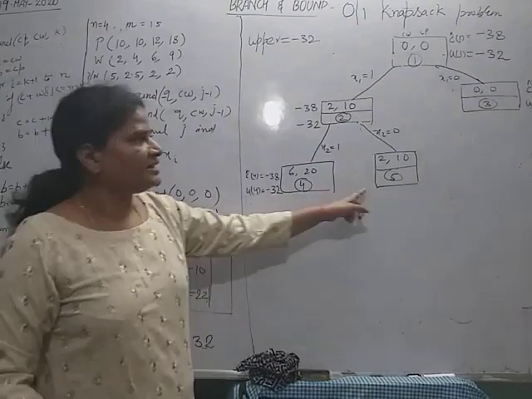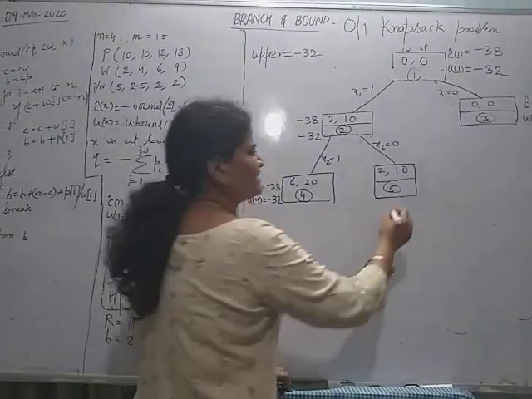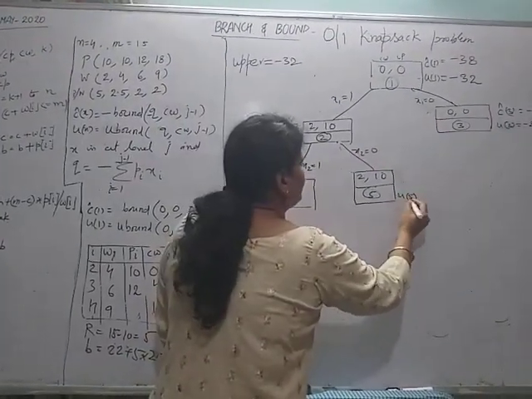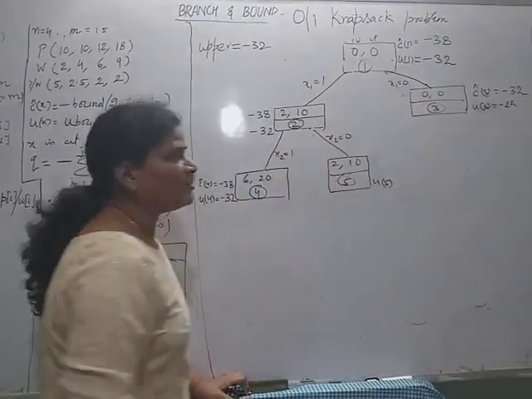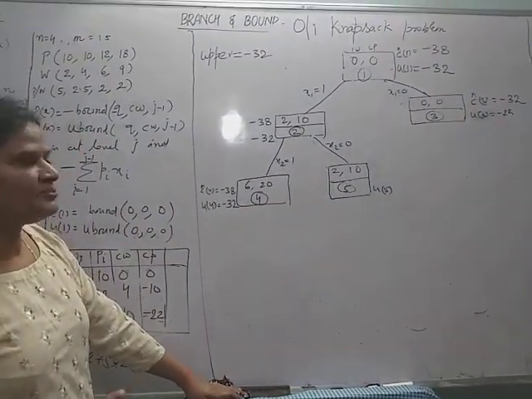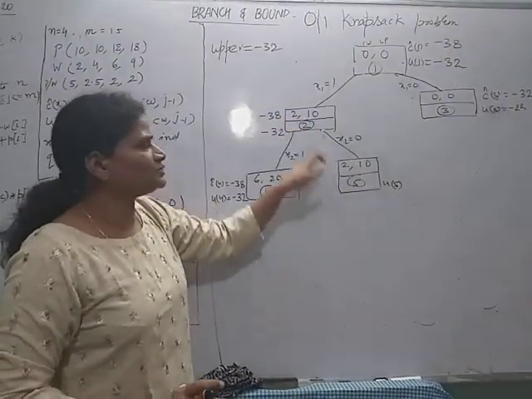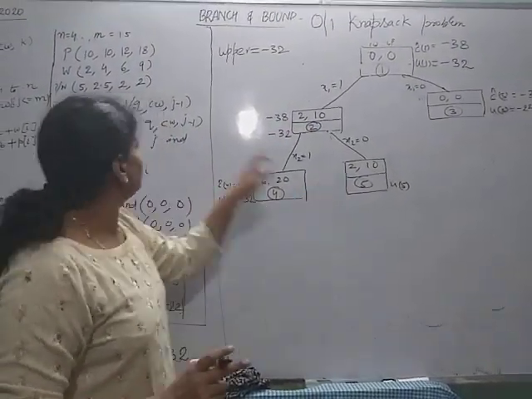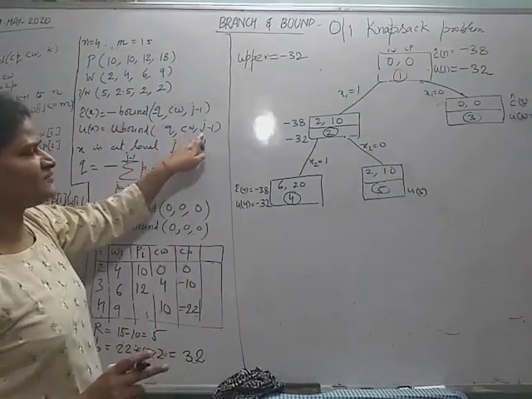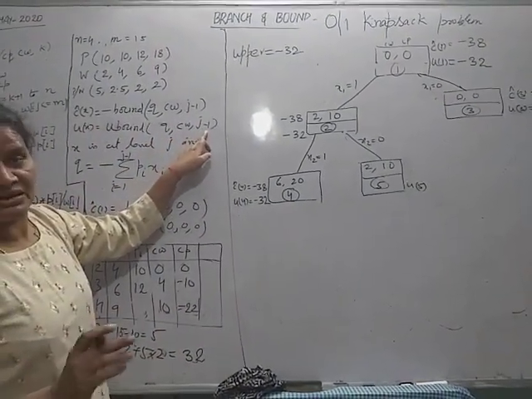Now see, first for the U5, the bound function is called, and for the bound function, this node is at level what? 1, 2, 3. So this function will pass j minus 1.